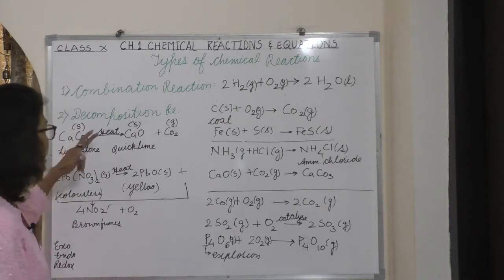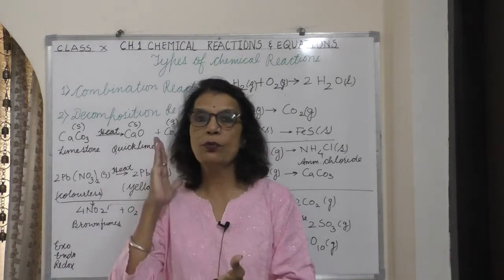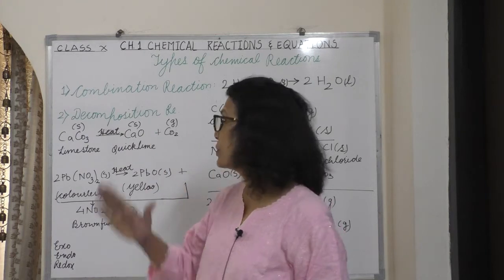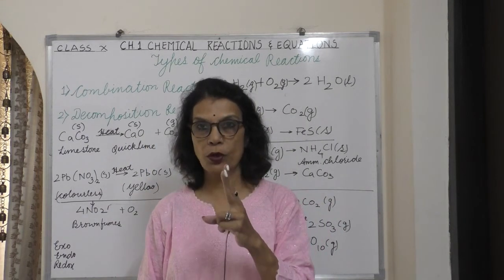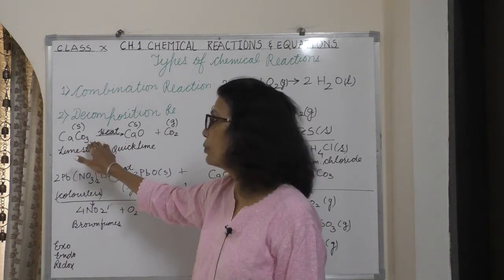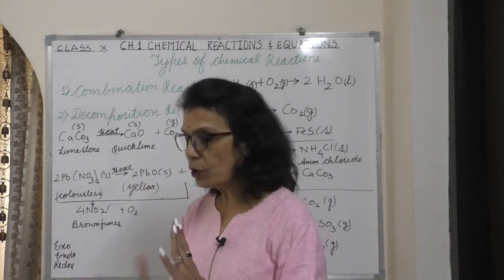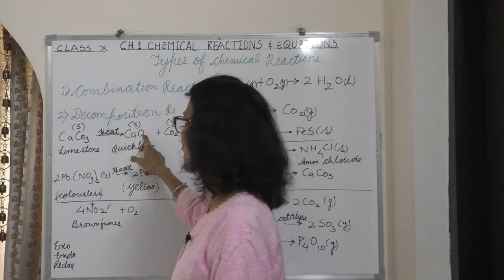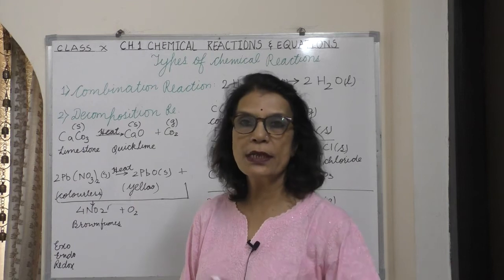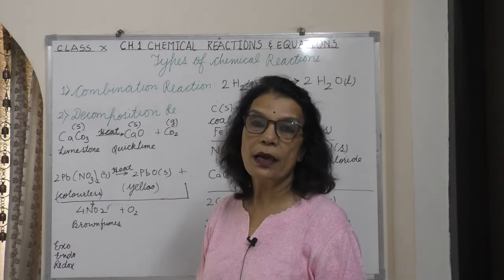Coming to the second one, that is decomposition. Decomposition means when a substance is breaking down, after reaction it gives you more than one product. Here CaCO3, that is calcium carbonate, whose other name is limestone, on heating gives you CaO, that is calcium oxide, whose other name is quicklime, and other than that you will get carbon dioxide.